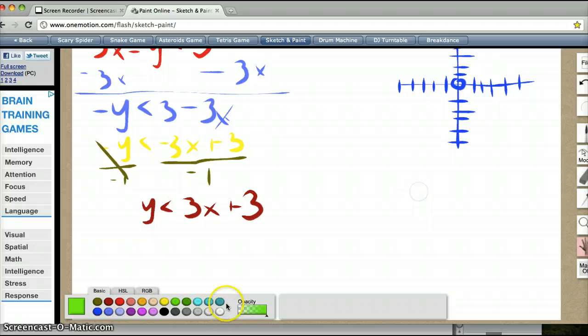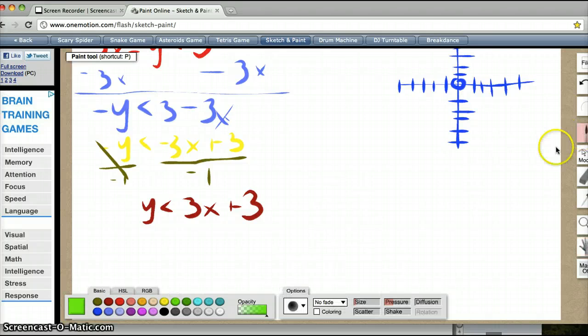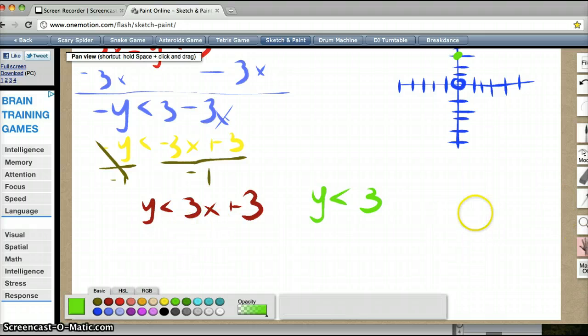Now we need our y-intercept point, so we can make our x equal to 0. So y is less than 3. We're going to plot our point at 3. And here we've got our slope, which is 3 over 1. Again, it's rise over run.